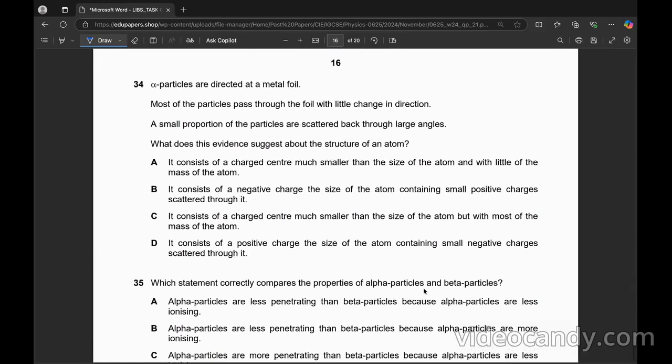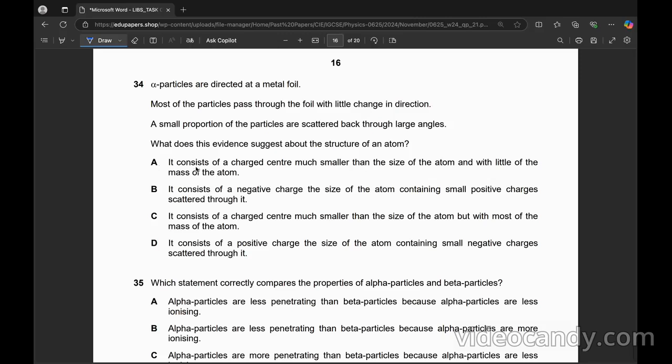34. Alpha particles are directed at a metal foil. Most of the particles pass through the foil with little change in direction. A small proportion of the particles are scattered back through large angles. What does this evidence suggest about the structure of an atom?